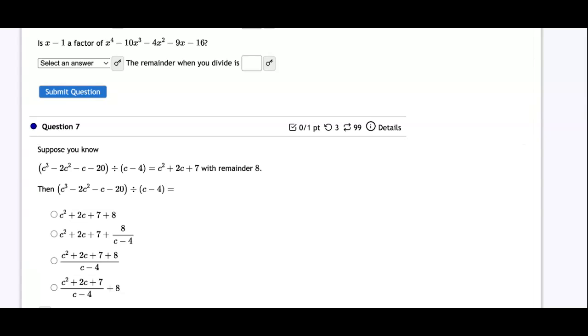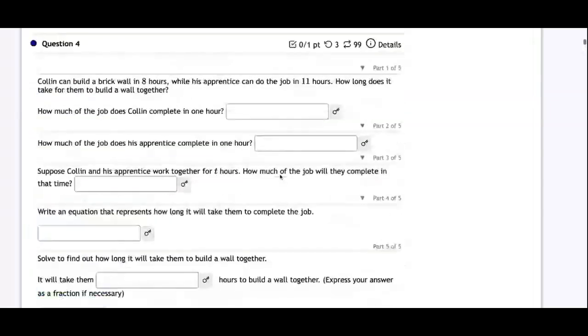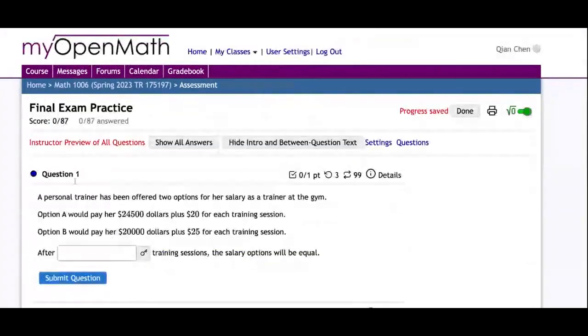Which one is solving quadratic equations? Okay, if you're taking the final next Friday, you really have to make sure you complete all 87 questions, okay, to be ready for the final.